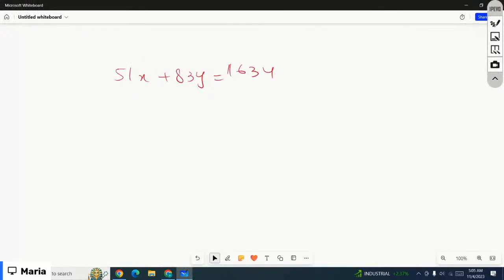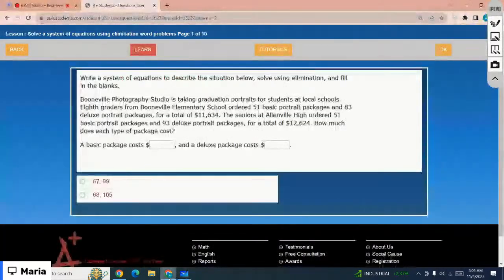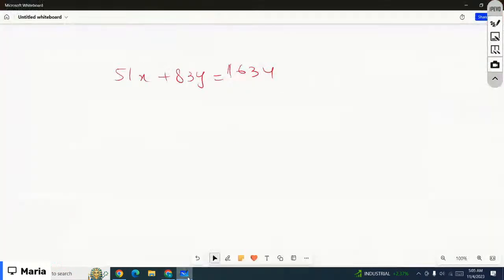And the second equation is 51 basic and 93 deluxe, 12,624: 51x plus 93y equals 12,624.